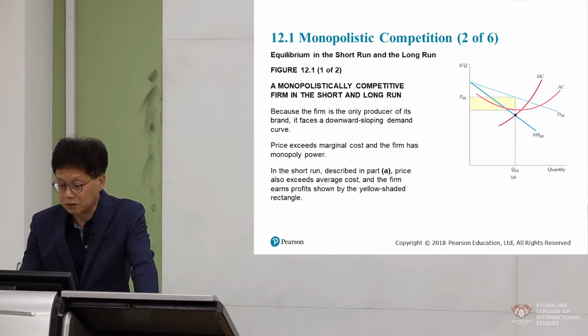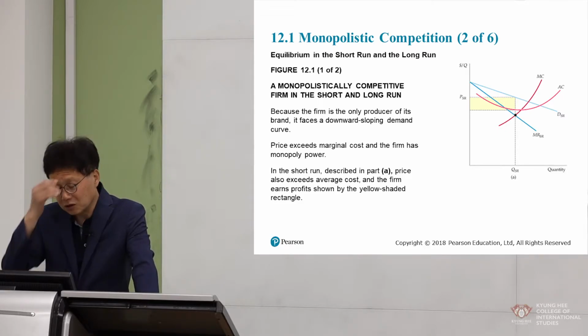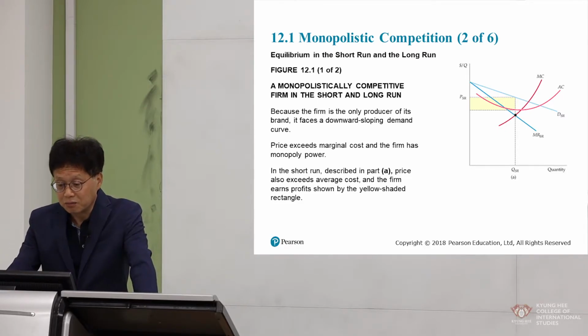Why does that happen? Because of differentiated products, okay? Each producer has its own brand, right? Because of the downward sloping demand curve, price exceeds marginal cost, and the firm has monopoly power. So think about the price-marginal cost markup, okay?